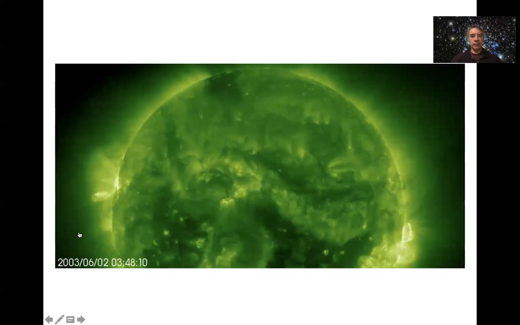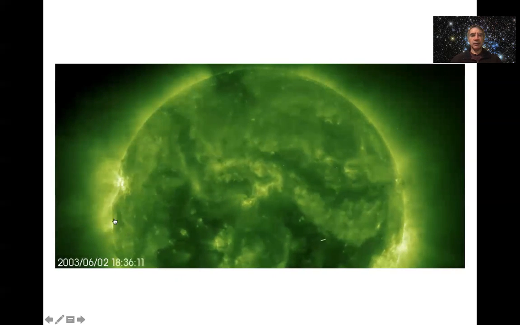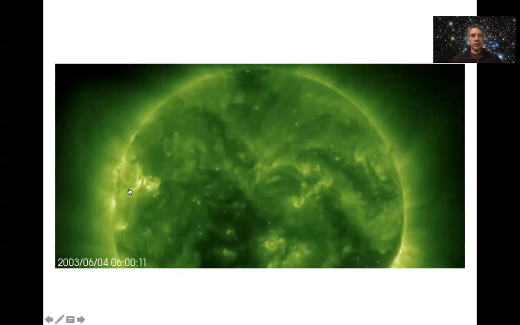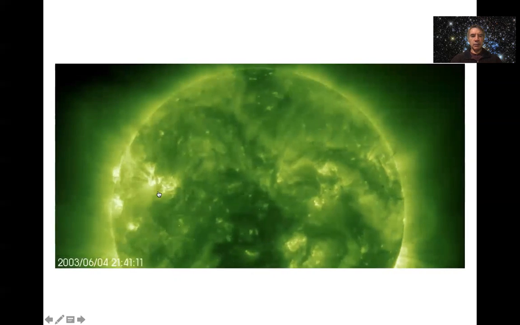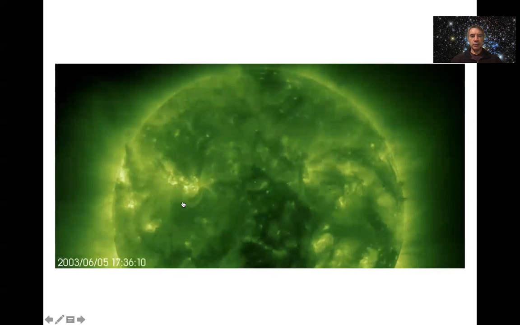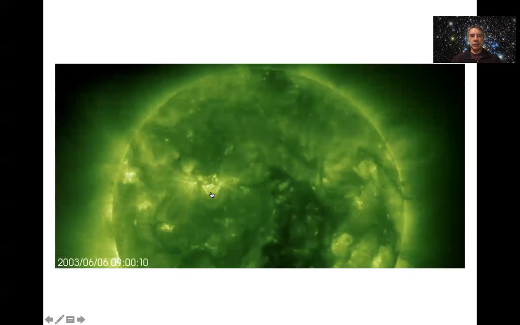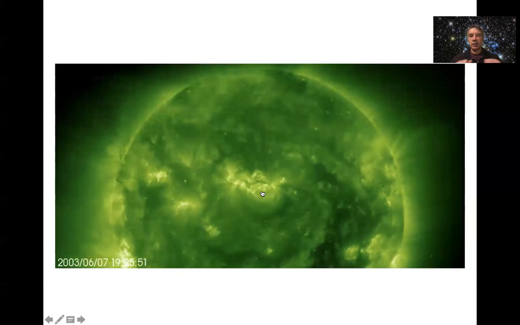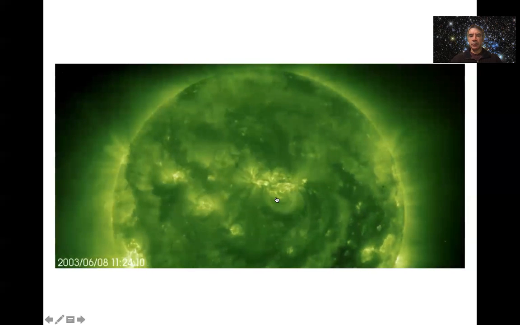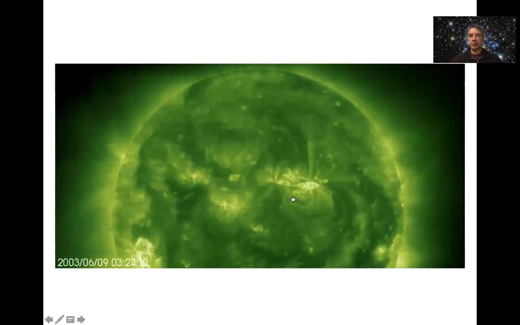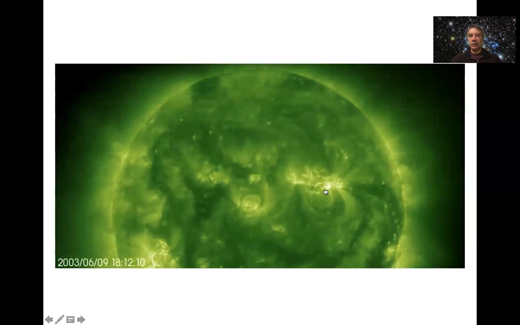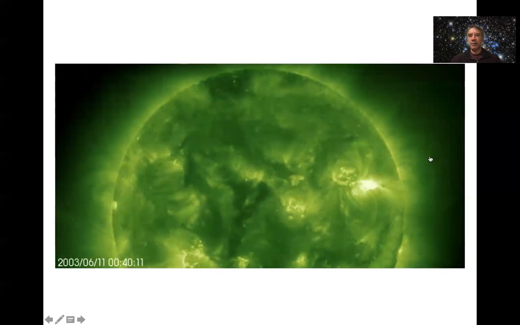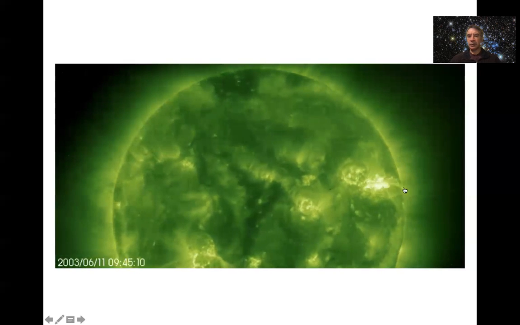And if we play the movie, you can see how time variable everything is with the sun. So you get these loops with the plasma running around the loops, basically eruptions. You can see coming up here. Yep. So there's a big eruption. So this would be a so-called magnetic reconnection event, which dumps a huge amount of energy and really powers a lot of this activity and powers the whole upper atmosphere of the sun, which is up at millions of degrees.